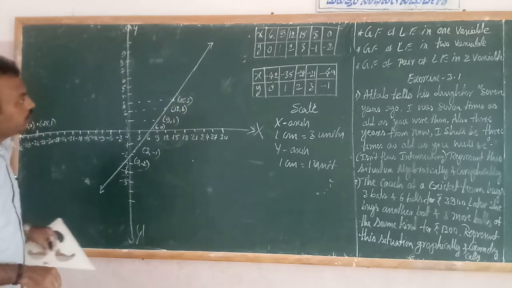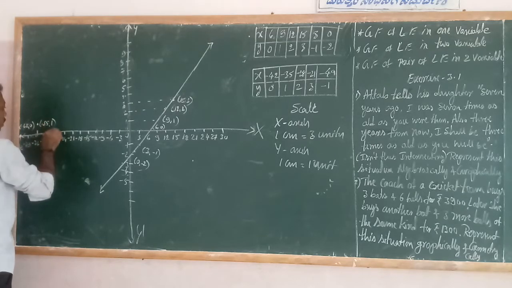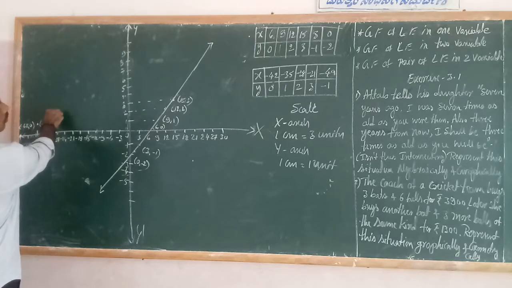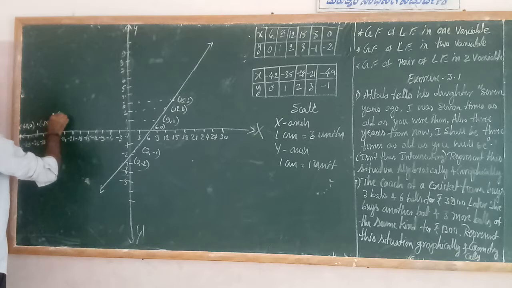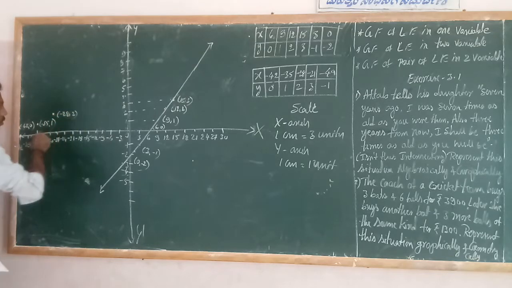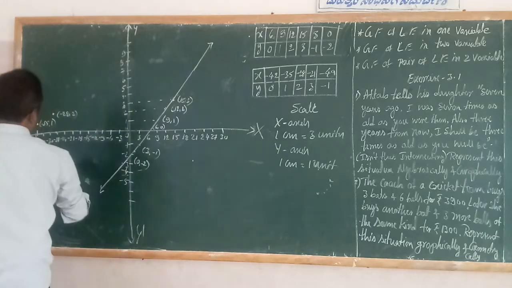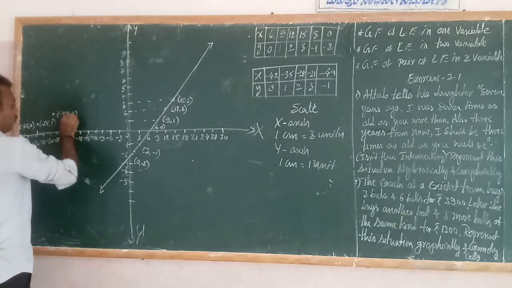Next, minus 28 comma 2. Where is minus 28? So 27, here 28. So minus 28 comma 2. Yes. Okay. So next, minus 21 comma 3. Here it is 3.